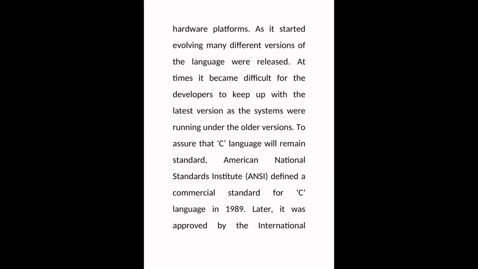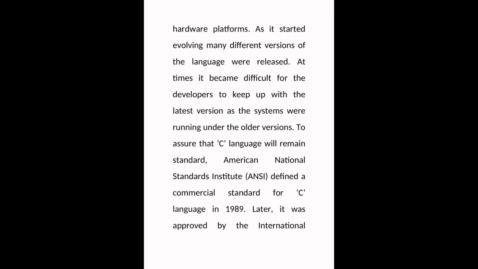To assure that the C language will remain standard, and to include the latest or advanced versions of the C language, the American National Standards Institute, ANSI for short, defined a commercial standard for the C language in 1989.